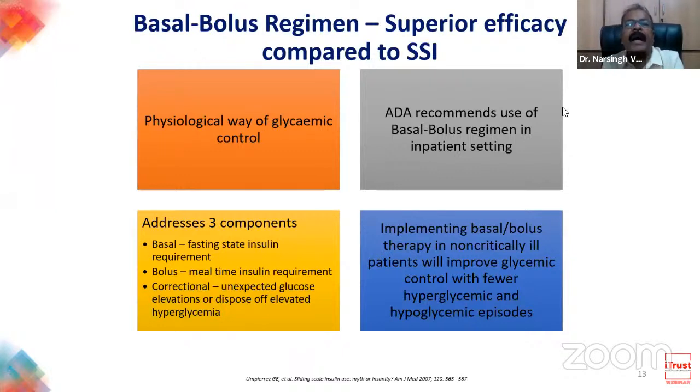Whenever we find hyperglycemia, then correctional doses can be given, but the basal and bolus are the part and parcel of it. ADA recommends use of the basal bolus regimen in inpatient settings, and implementing basal bolus therapy in non-critically ill patients will improve glycemic control with fewer hyperglycemia and hypoglycemia episodes. So no roller coaster effect. Next one, please.